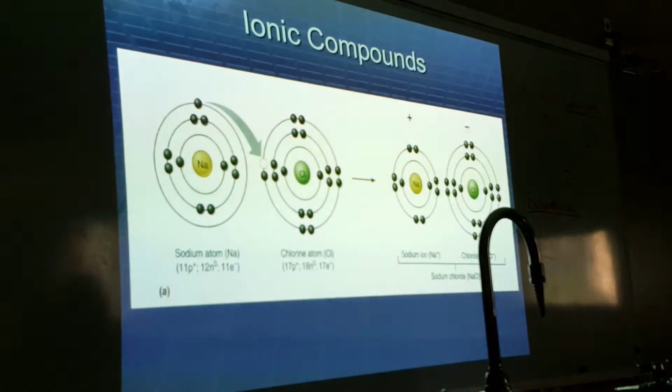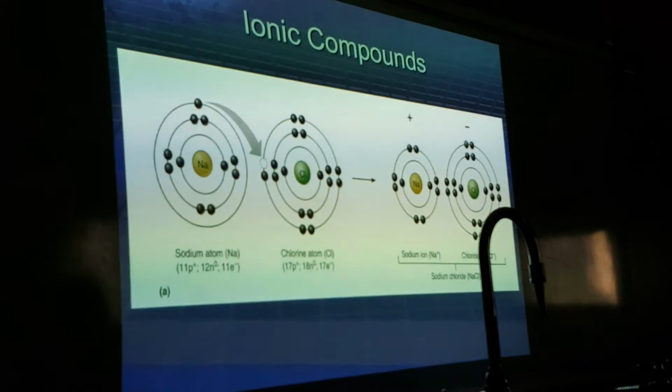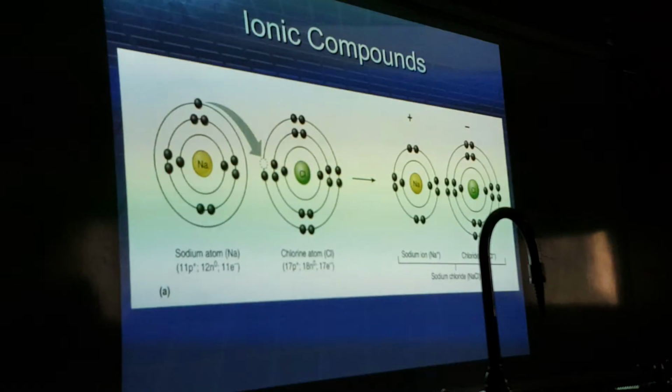Next slide, please. So, ionic compounds have positive ions and negative ions. Here we have, looks like, is that sodium chloride? Okay, so a sodium ion and a chloride ion, sodium is +1 and chloride is -1. And these ions combine in the smallest whole number ratio so that the positive charges equal the negative charges.